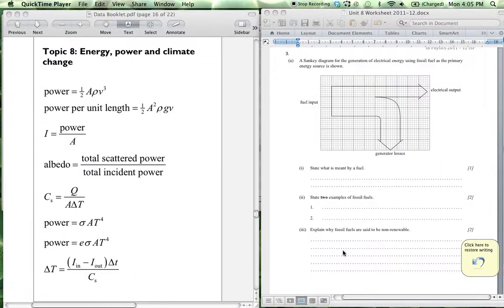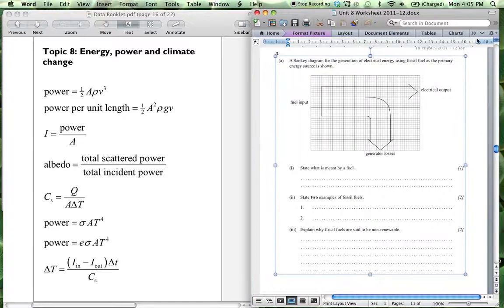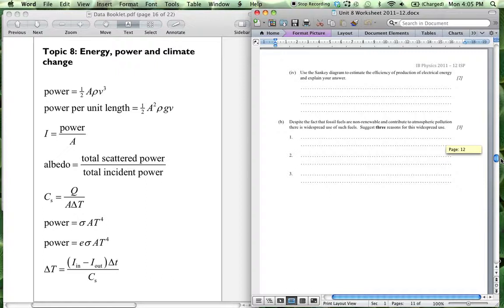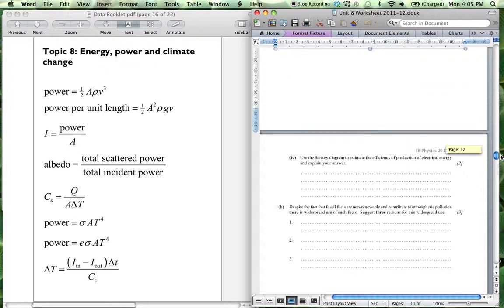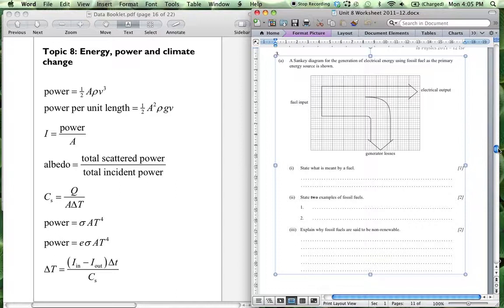So, sorry about that. And then going on here, it says use the Sankey diagram to estimate the efficiency of production of electrical energy and explain your answer. So I'll just go back here for that question.